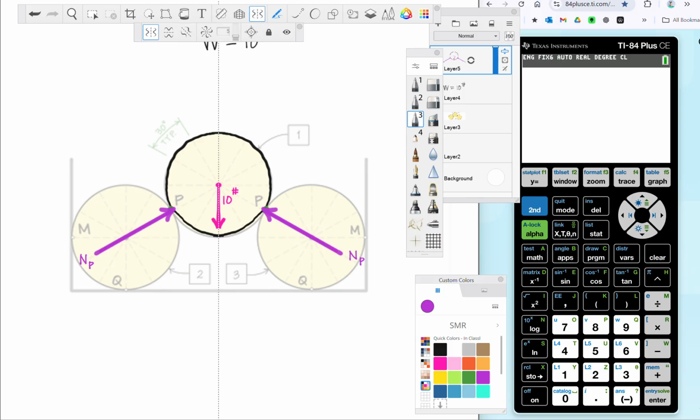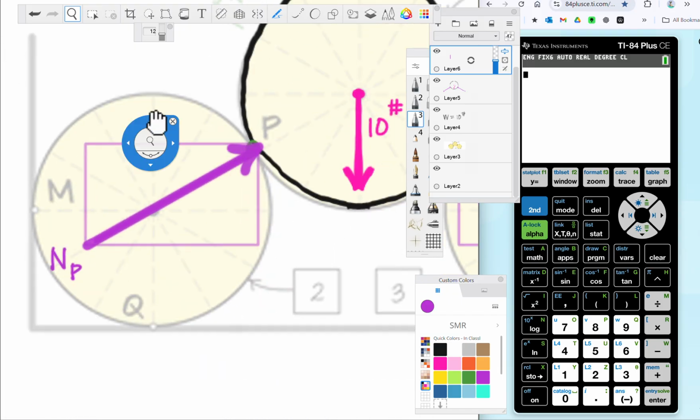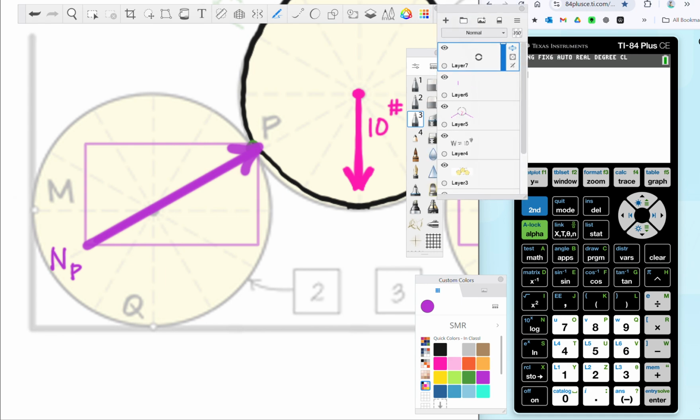As we break these down into their component forces with a bounding box of something like this, I'm going to go just to the one over here. We know that that angle is 30 degrees, just looking at the gray dashed lines in the diagram.